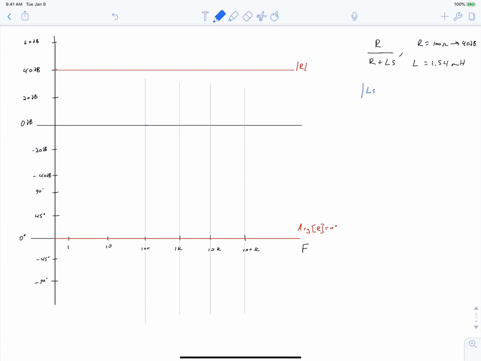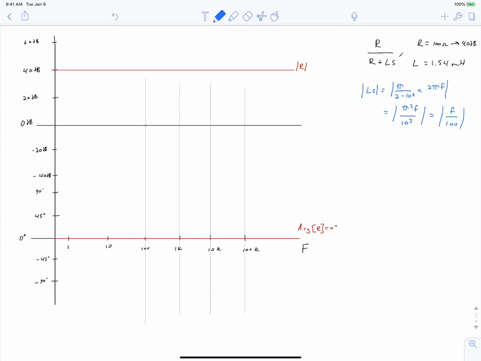The gain of the transfer function Ls is equal to pi over 2 times 10 to the minus 3, because it's milli, times 2 pi f, which ends up being pi squared f over 10 to the 3, or f over 100.